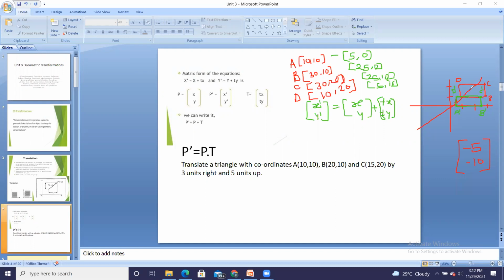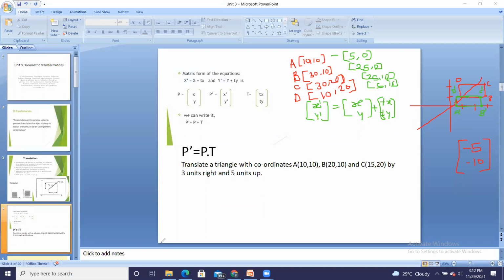So have you seen the diagonal movement along this y equal to x axis? Right. So I am moving downwards along this axis by 5 units towards left and 10 units towards bottom. Okay. All of you are getting it now? Yes, ma'am.